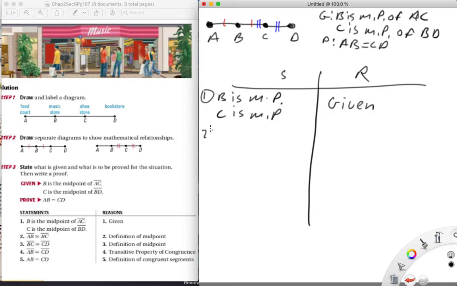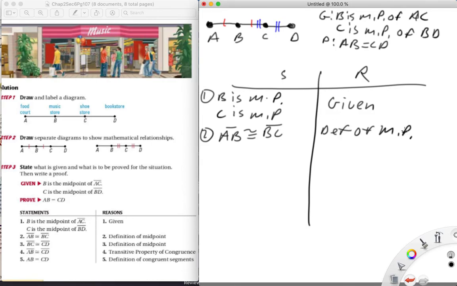Step number 2, I can say that since B is the midpoint of AC, segment AB is congruent to segment BC, and that's because of definition of midpoint, and that's from chapter 1.